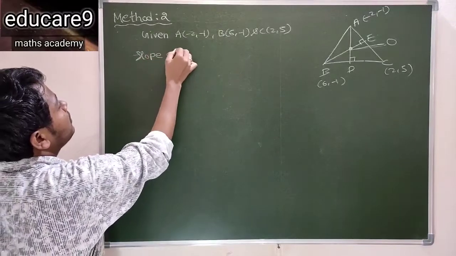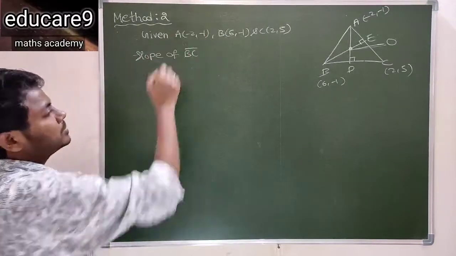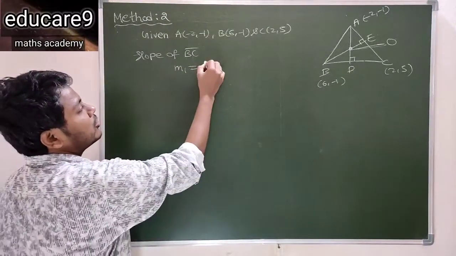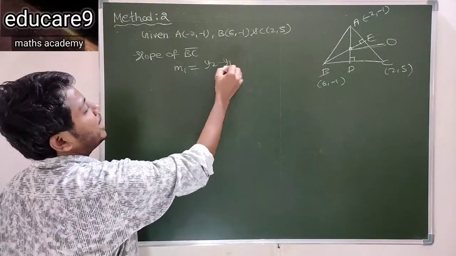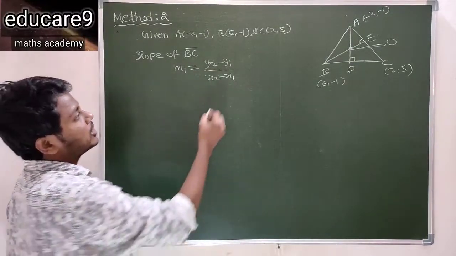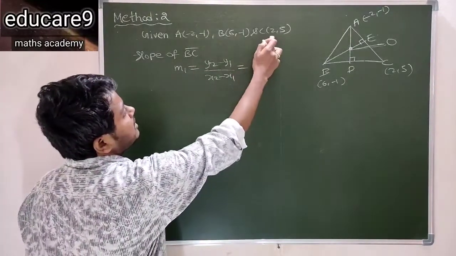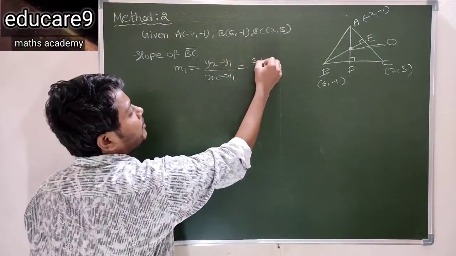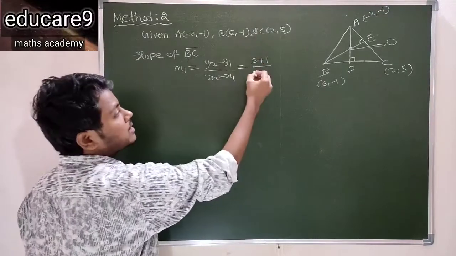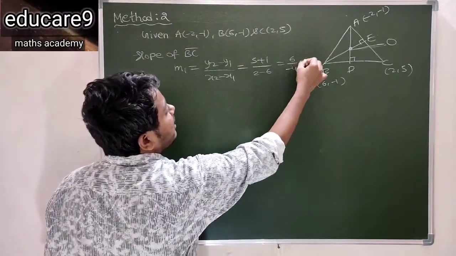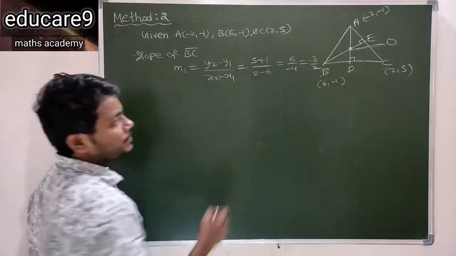M1 is what? You know the slope of 2 points is y2 minus y1 by x2 minus x1. This is x1, y1, this is x2, y2. 5 minus of minus 1, 5 plus 1, 2 minus 6. So this is 6 by minus 4. You will get minus 3 by 2.